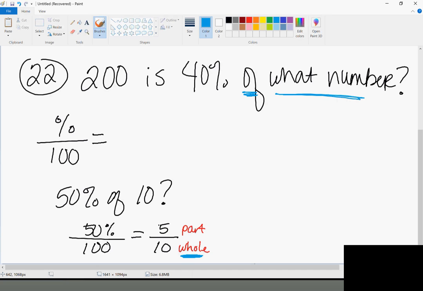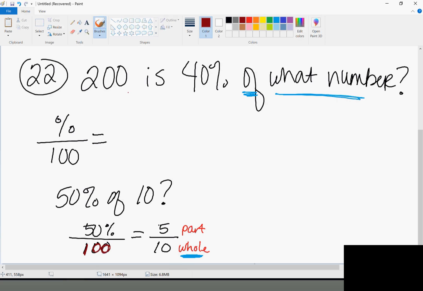So let's set this up using this information. Your percent is always going to be over 100. This 100 is always here. What varies is the percent number and then the part and the whole on the other side.